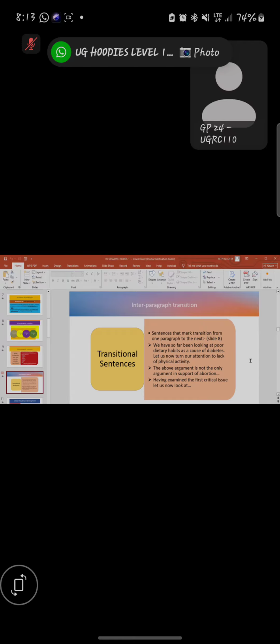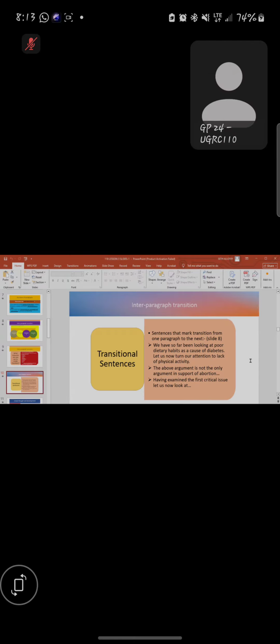You are linking what had been said earlier to what you are saying next, meaning that they are woven together. You started with poor dietary habits as a cause of diabetes, but you're moving away from poor dietary habits to physical activity, lack of physical activity being one of the causes of diabetes. This is the way we are expected to write.